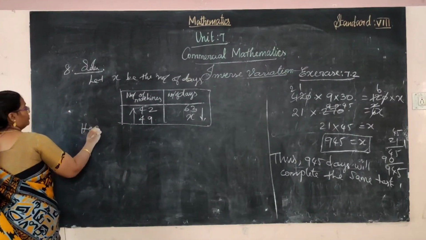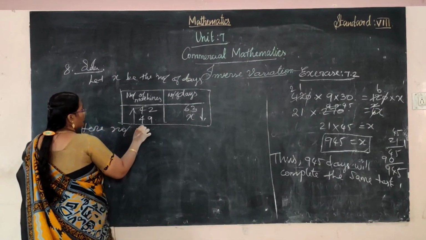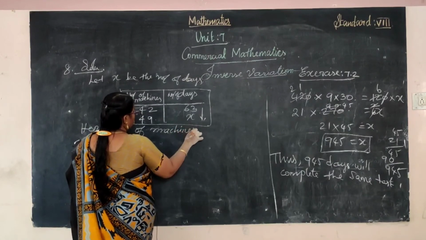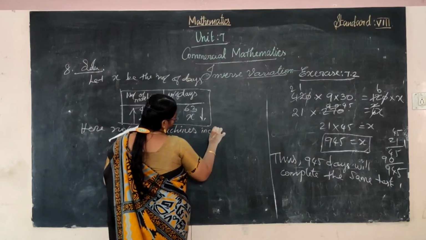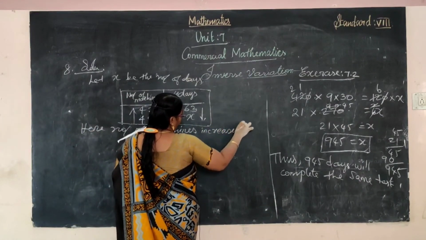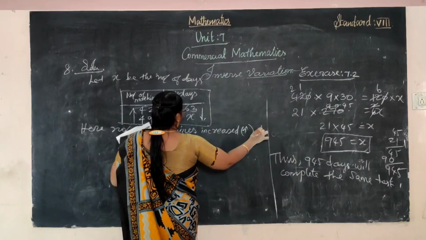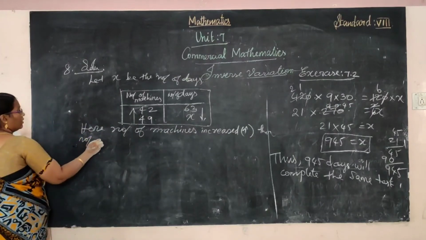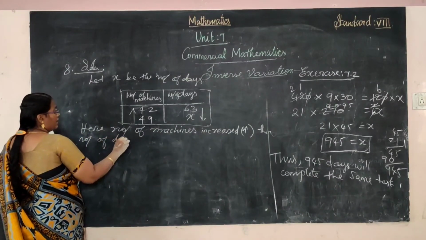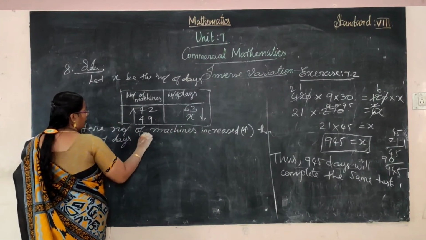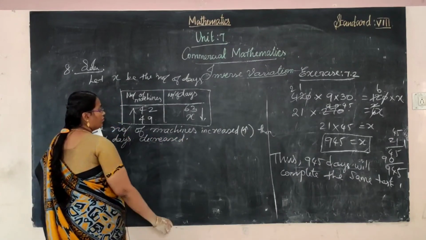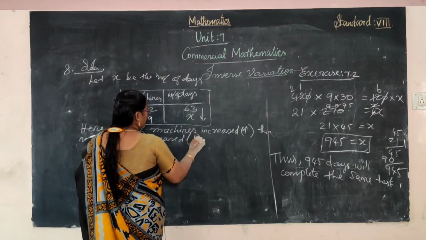Here, the number of machines increased, then the number of days decreased.